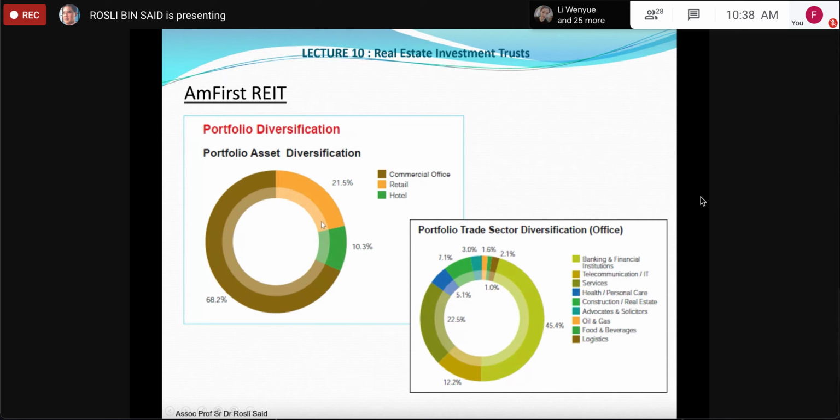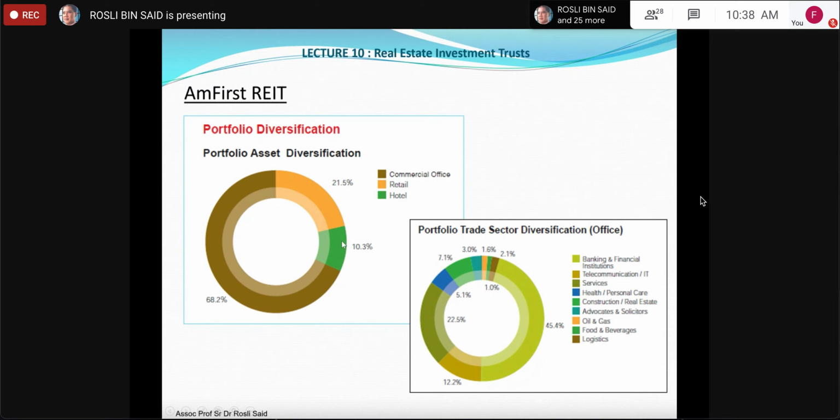So now we try to see M-first lead. In terms of portfolio diversification, you can see that M-first lead involve much in commercial office, about 68%. So obviously they will be having problem now because the demand is not there. And then retail about 21.5% also having problem.